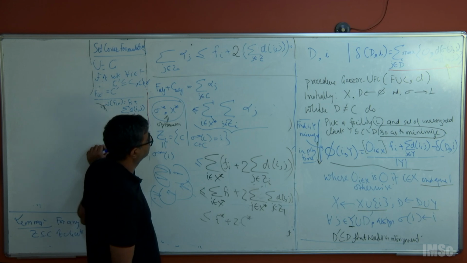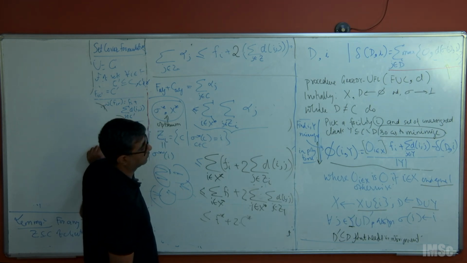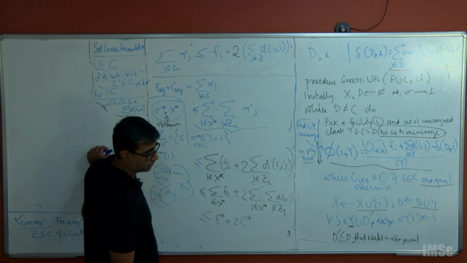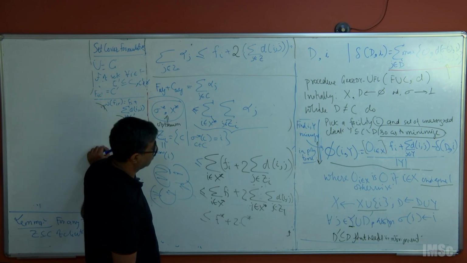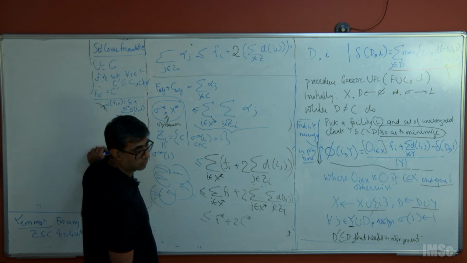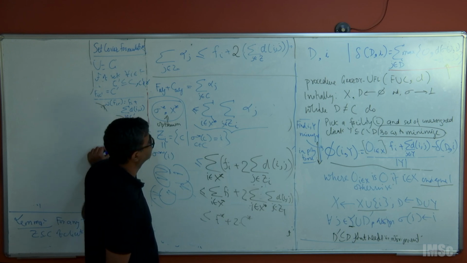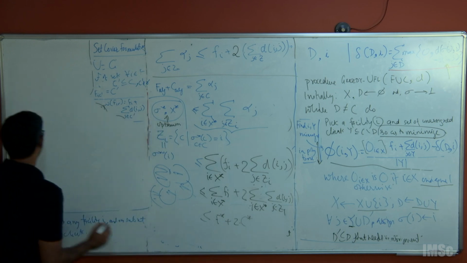So x star is basically the set of facilities opened by the optimum solution. That's right. But that need not be opened by the algorithm's solution. That's right. Since that facility is not even opened by the algorithm, how can we consider alpha_j for that facility is what I'm not able to understand.